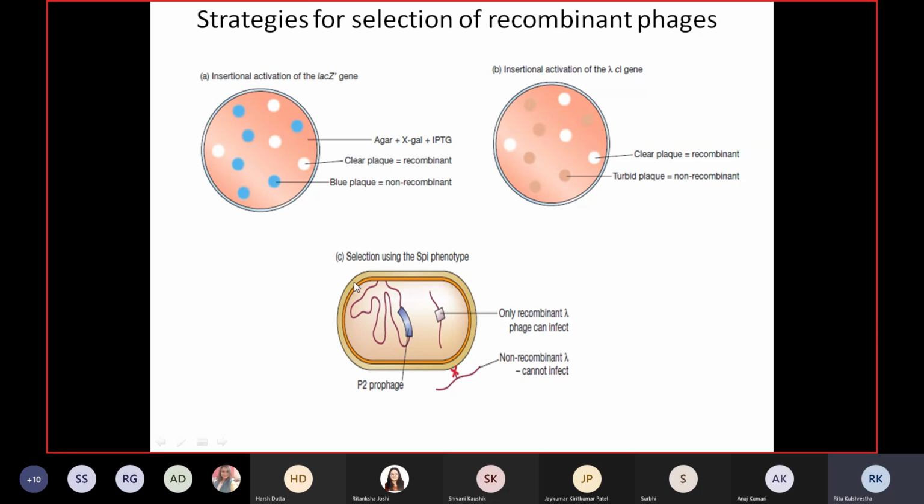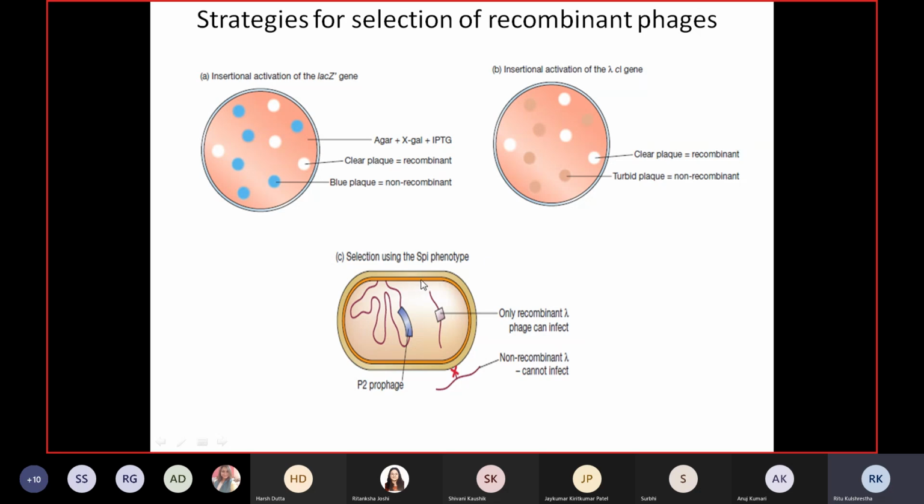It means that we infected this bacterium with a P2 phage that injected its DNA inside, and it got integrated into the bacterial genome, and that's why I call it a P2 prophage. Now this bacterium which has this P2 prophage is resistant to infection by lambda phage.